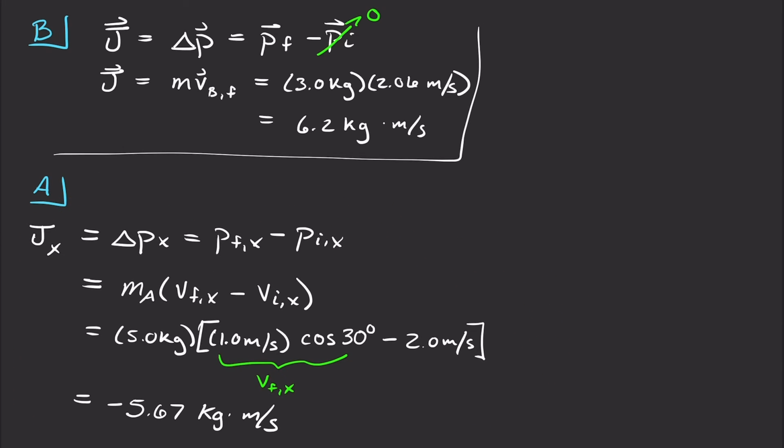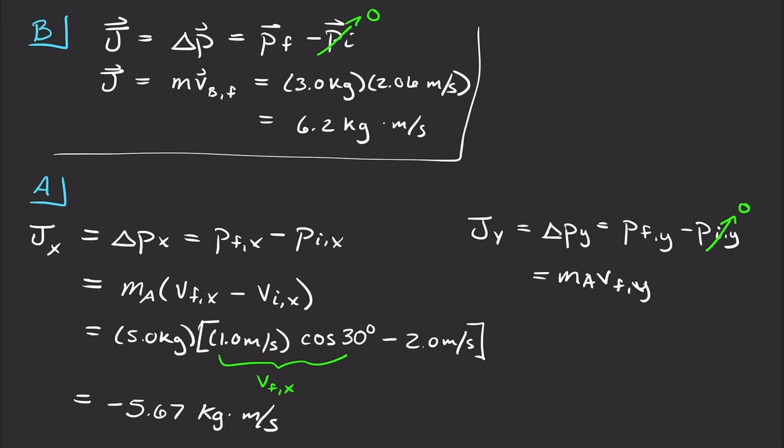So let me move this over a bit. And now we can do the y component. The y component is about as easy as the impulse for object B. It's the change of momentum in the y direction, so that's pfy minus piy. But initially, object A is moving only in the x direction, so the initial momentum in the y direction is 0. So this is just m_A v_fy.